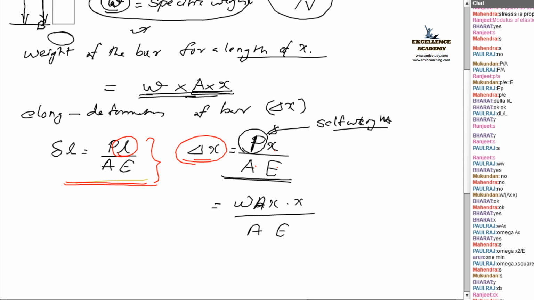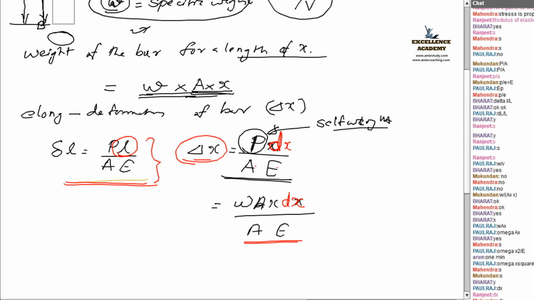That is the problem. So here it is dx. I am considering a small elemental distance of dx there. So P dx by A. So here it becomes dx. Okay, so W A x dx by AE. I got it like this.